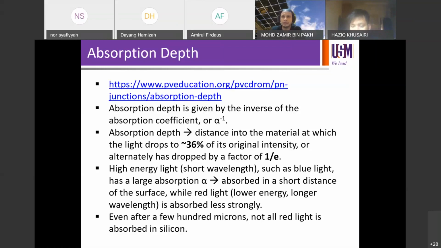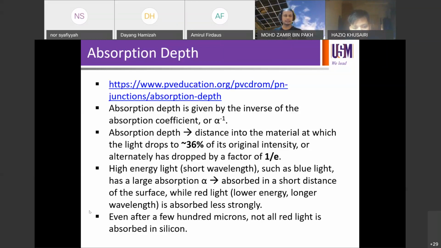When the incident light hits the surface of your semiconductor material, as it travels through the material, the intensity of the light will be reduced and reduced accordingly. The moment the reduction reaches 36% of the original intensity, that's called the absorption depth, which also equals 1 over e.